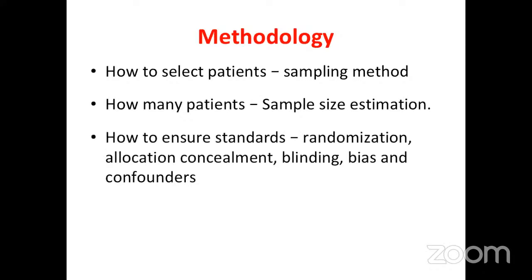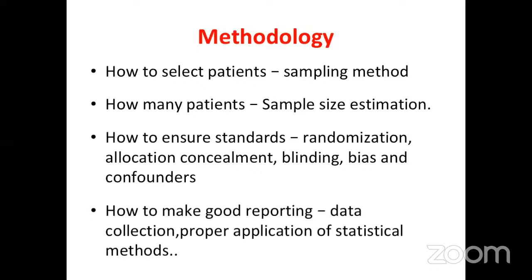Then you actually ensure the standards of the study by various steps. That is known as randomization, where you ensure that the patients are uniformly distributed into all the groups, without patient factors coming into play which can influence your outcome. Then subsequently you do allocation concealment, then you do blinding, you manage for bias and confounders, and then finally you do the study.